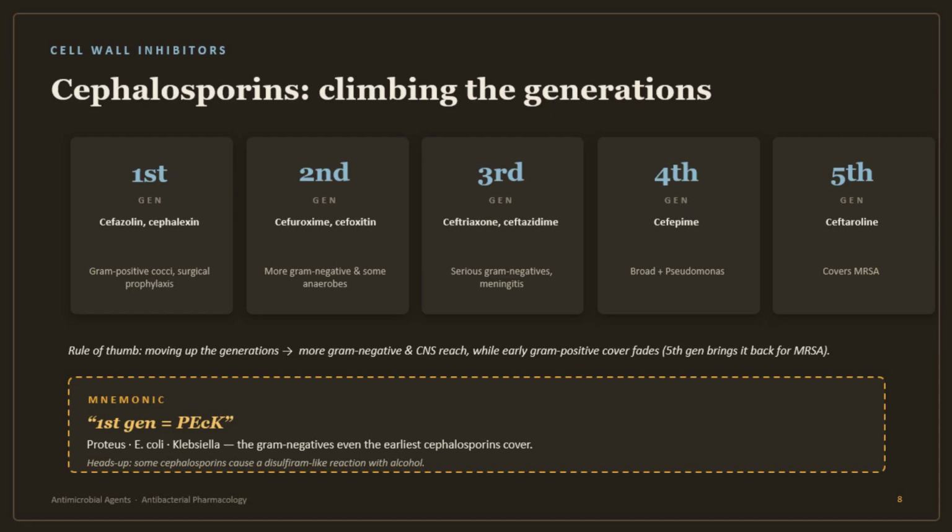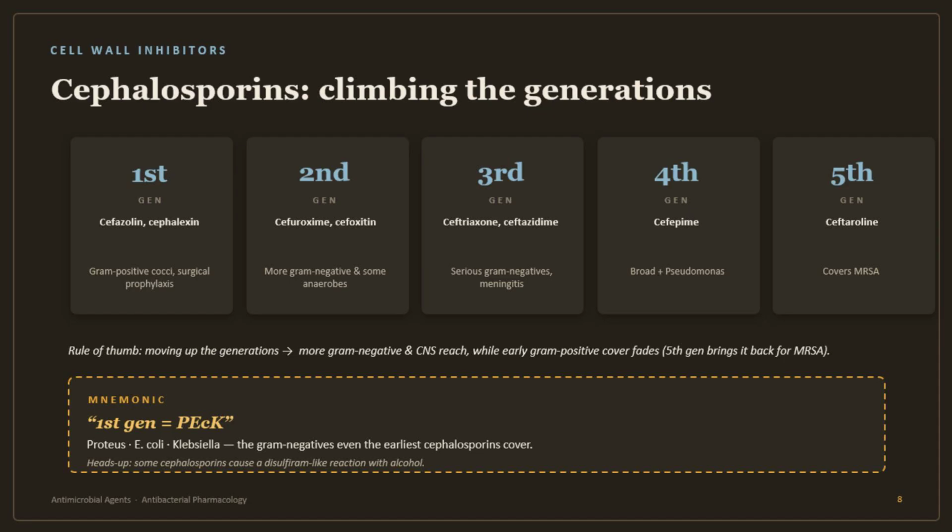Here's the rule of thumb that makes it all make sense. As you move up the generations, you gain more gram-negative and central nervous system reach, while the early gram-positive coverage gradually fades until the 5th generation swings back and brings it home for MRSA.